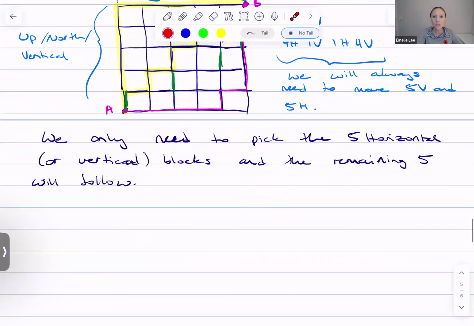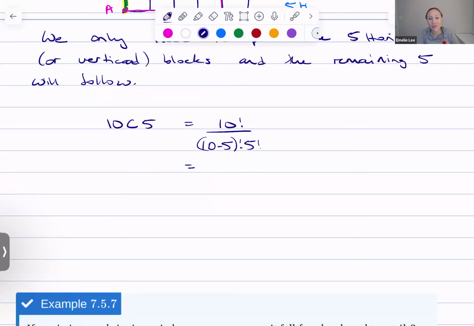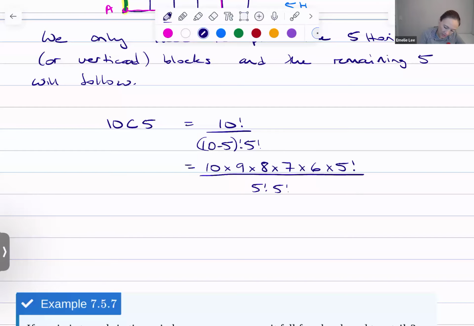10 choose 5. It's 10 factorial divided by 10 minus 5 factorial times 5 factorial. Now, I have 5 factorial times 5 factorial in the denominator, so that's not going to save me a ton of work, but I will cancel just like we have been doing. So 10 times 9 times 8 times 7 times 6 times 5 factorial divided by 5 factorial, 5 factorial. Now you have to be careful because only one of those 5 factorials is going to cancel. Okay?